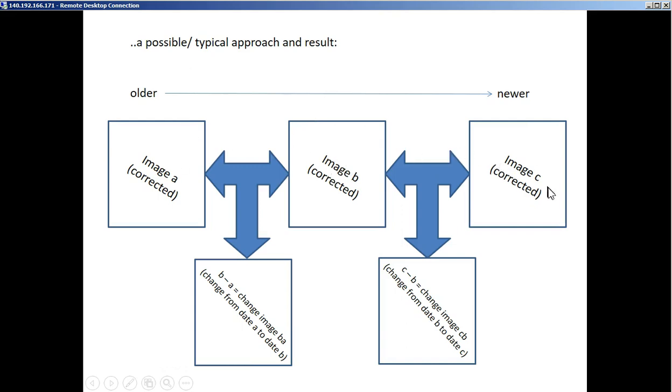It could be a visual channel, it could be an infrared channel. But in this instance, you get 2 change analyses because you have 2 periods between images. All of these are corrected with their own sun elevation, and then 2 separate difference images are produced from these changes.